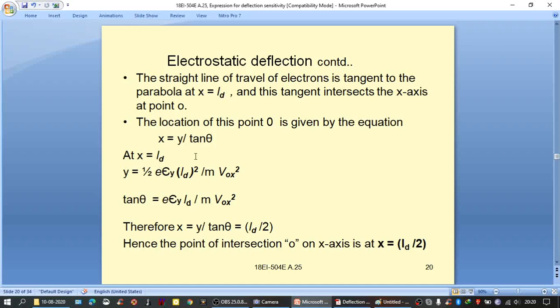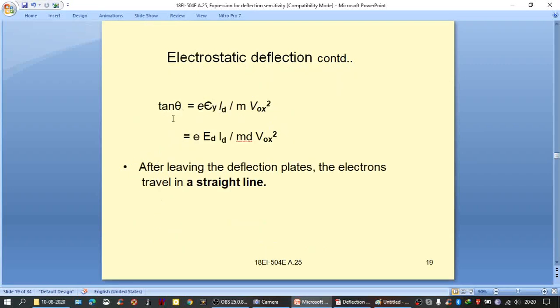And tan theta, we arrived at the expression, E Ey LD by m V0x square.